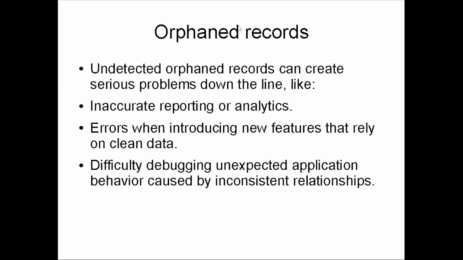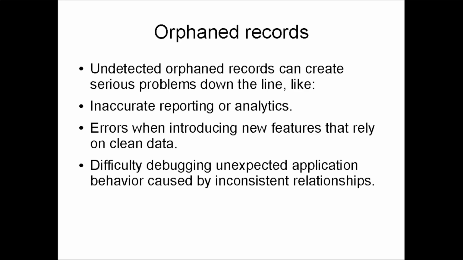Orphaned records might seem like a minor issue at first, but over time, they can lead to serious problems that affect both your data and your application. When records lose their connection to related data, they disrupt the accuracy and reliability of your database. This has several consequences. 1. If a reporting tool pulls data from multiple tables, and some records have missing references, reports may produce incomplete or misleading results.